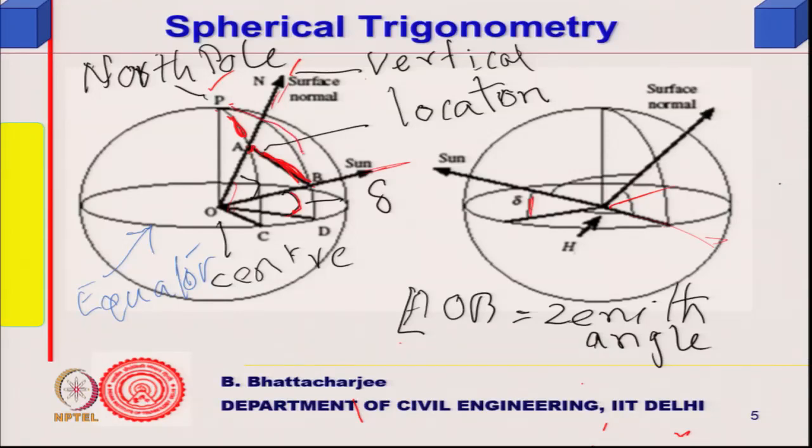And what is this angle? 90 degree minus delta, because this is delta, the sun's ray to the equator, and you connect a ray from the pole to the sun's position. So this is 90 degree minus delta, this is 90 degree minus beta, and this is 90 degree minus latitude angle. So, these three arcs.